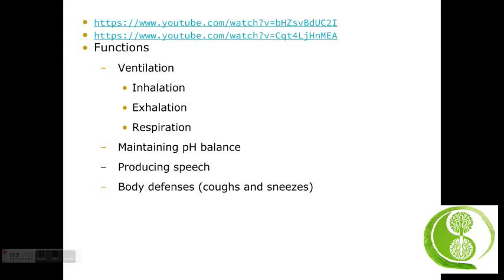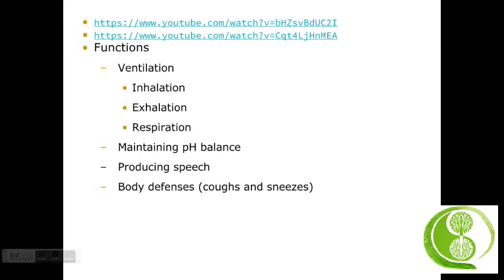Respiration is the exchange of oxygen and carbon dioxide that occurs in the respiratory system. The exchange of gas occurs between our tissues and the external environment. The internal respiration or cellular respiration occurs within the cells and the tissues.